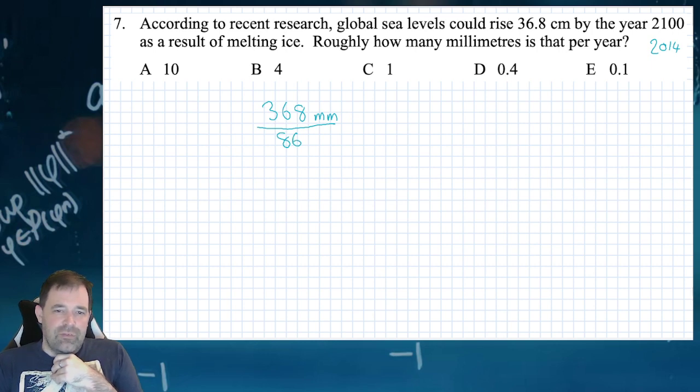And it says roughly, so we're just going to estimate this. So you could do 360 divided by 90, which is going to be 4. So it's going to be roughly 4. It's actually going to be a bit more than 4.